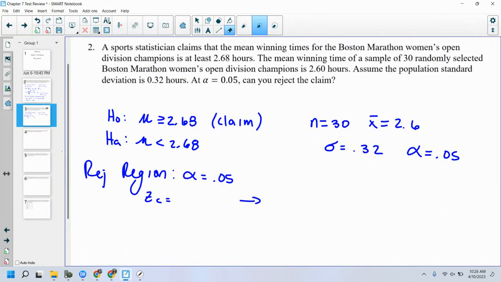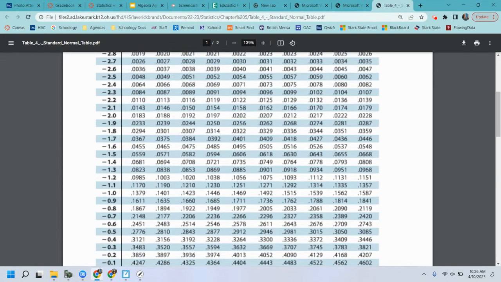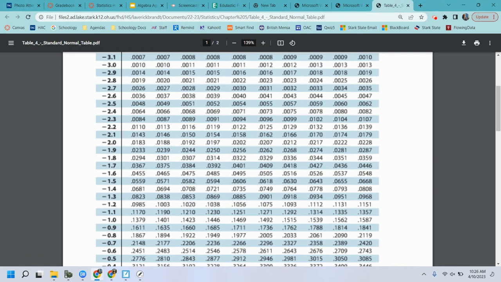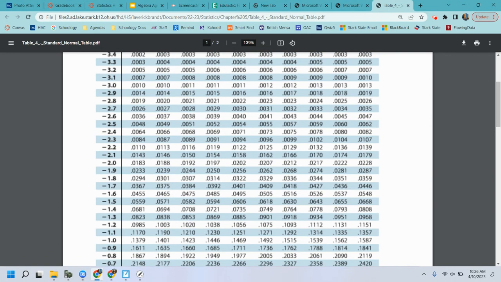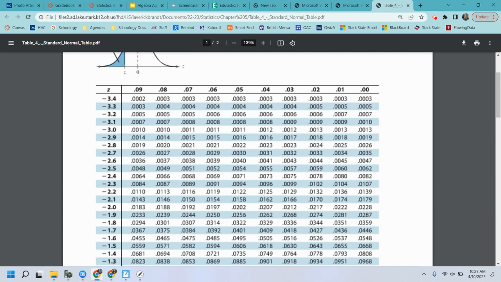0.05, right? So where's 0.05? See, my problem, I went to 0.005. So 0.05, right between here and here, right? Negative 1.6, halfway between, negative 1.645.